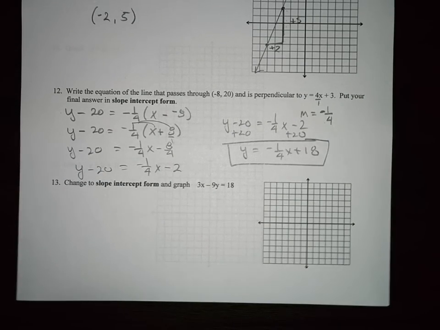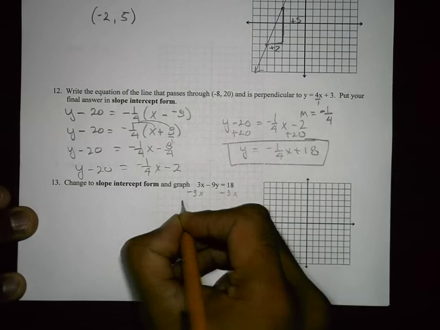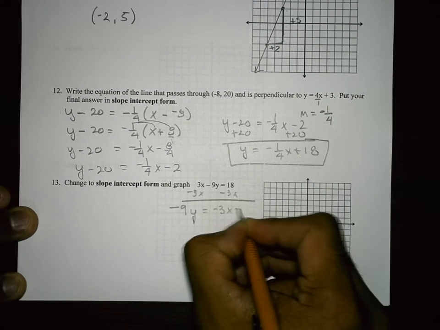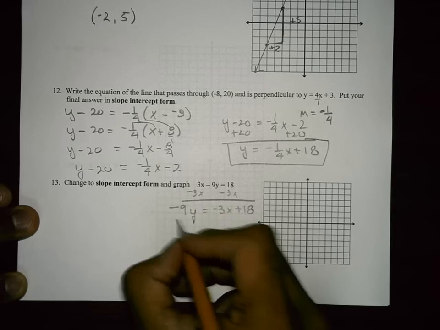Change to slope-intercept form. Okay, so they're giving me the standard form, and then they want me to graph it. So I can graph it by using intercepts, or I'm going to go ahead and solve it for y. So I'm going to do the same process I did in the question right above it, just getting y by itself. Put the x on the other side.